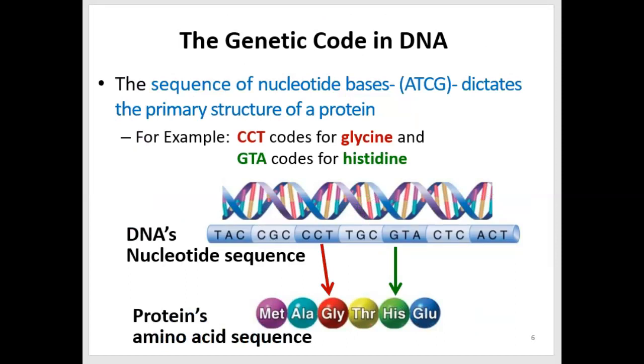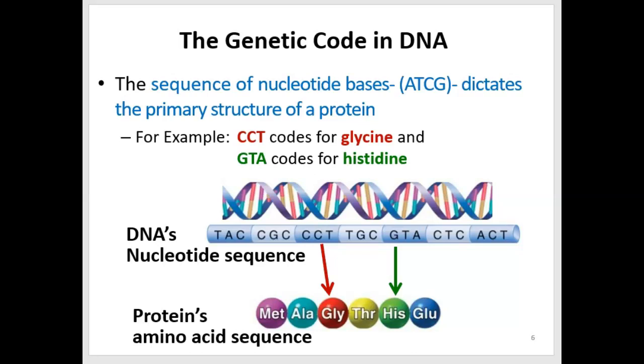If we look more closely, we see that the genetic code in DNA is a sequence of nucleotide bases that dictates the amino acid sequence of a protein. In fact, 3 DNA nucleotide bases ultimately code for one amino acid.